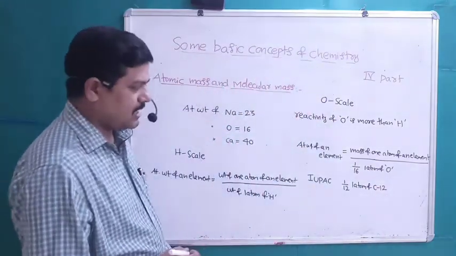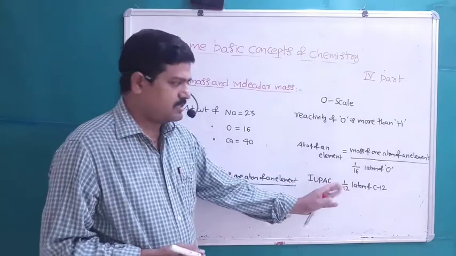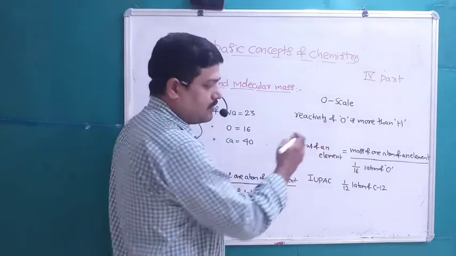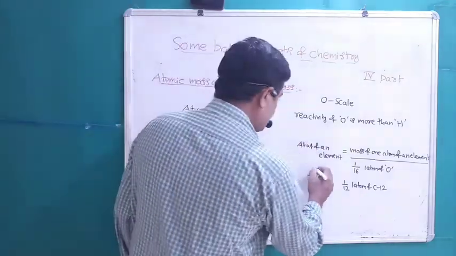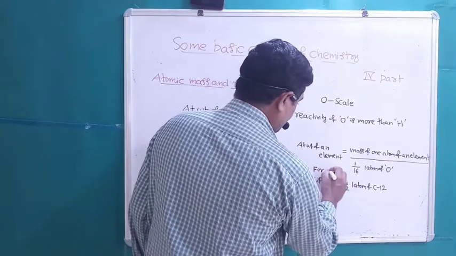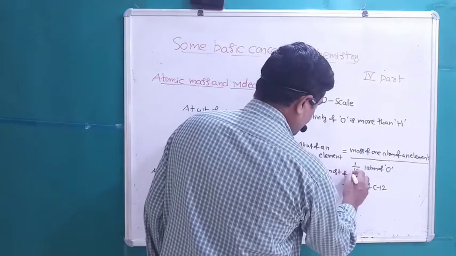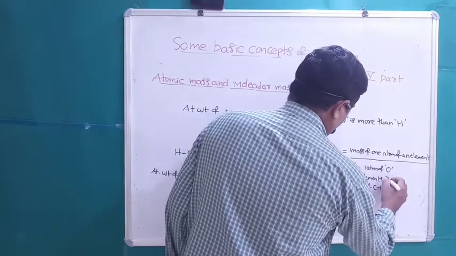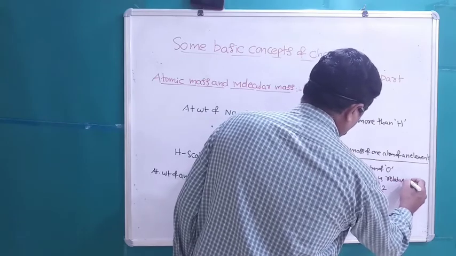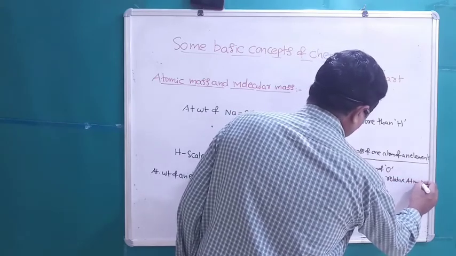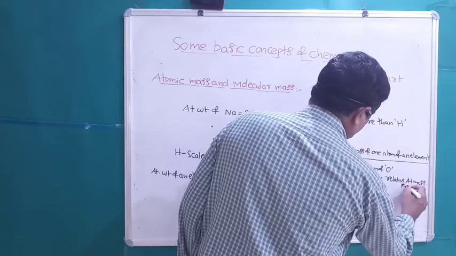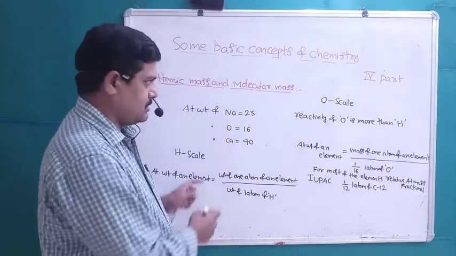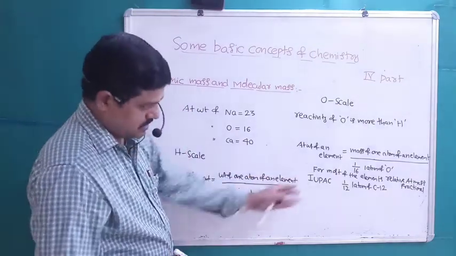The reason the oxygen scale was replaced with the carbon scale is that when calculating the relative atomic mass of an element on the oxygen scale, for most of the elements we get fractional values. So the oxygen scale was replaced with the carbon scale.